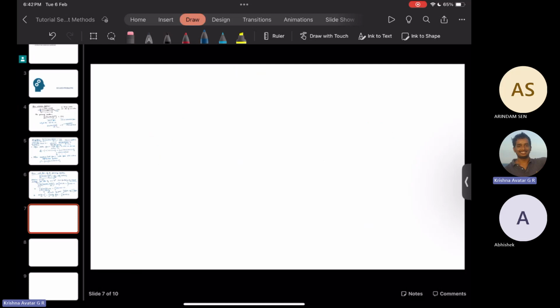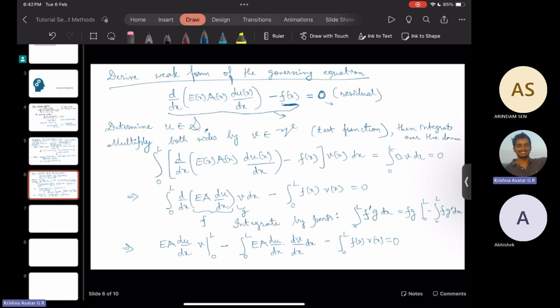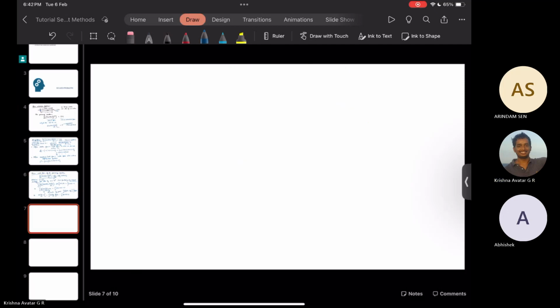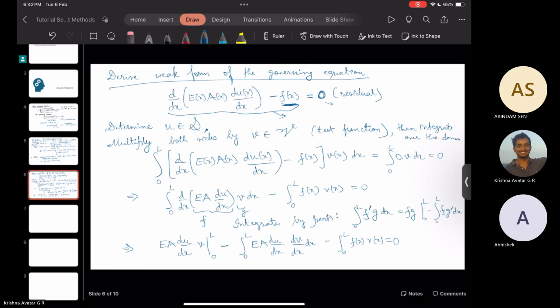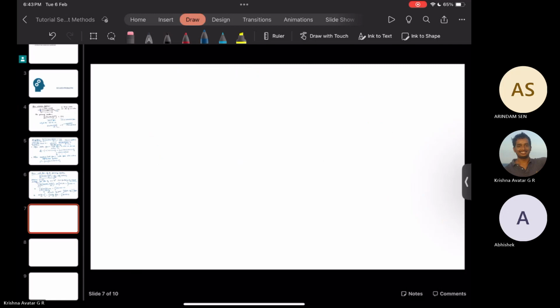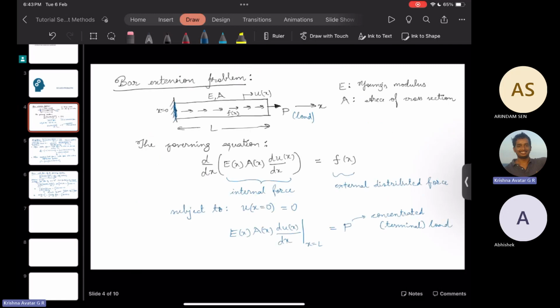Now what we do here is come back here again, and let's rearrange this. It seems there is some issue here with our signs.